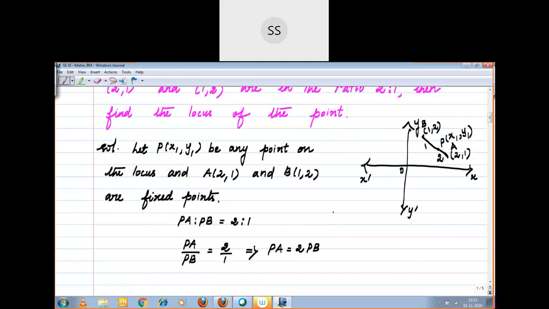Here we are going to apply the distance formula, with the points (1, 2) and (2, 1).